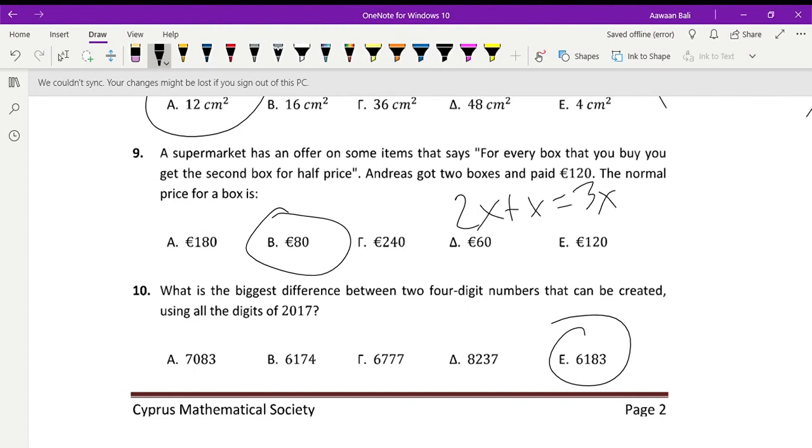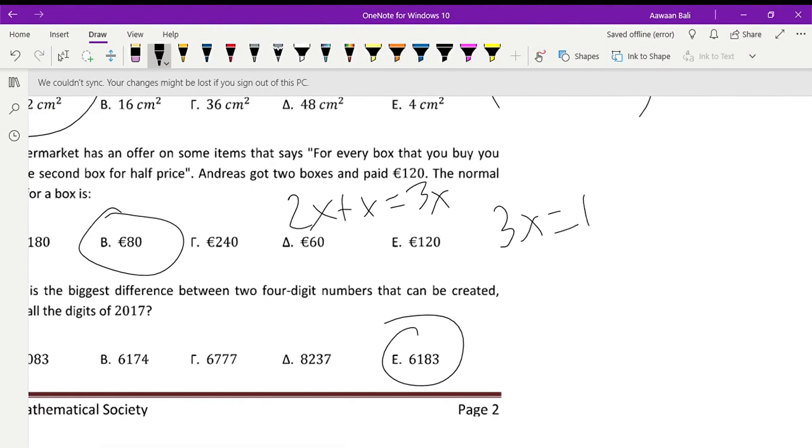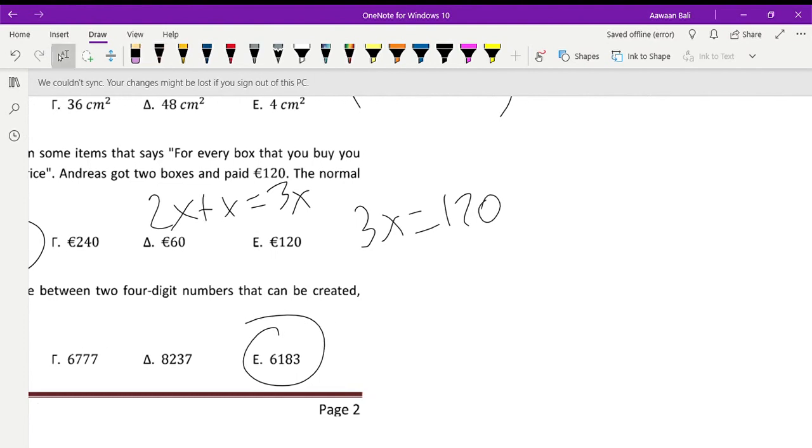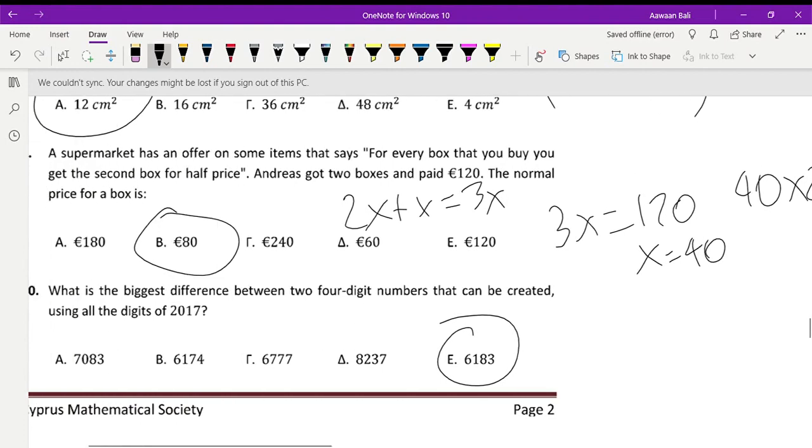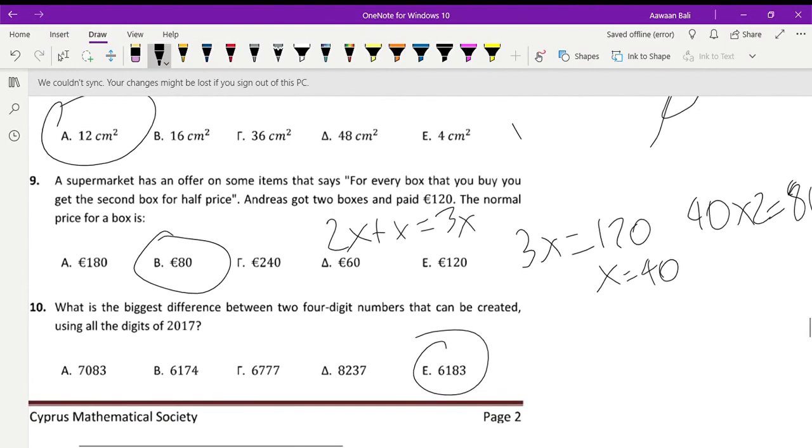We all know that. So we have 3x is equal to 120, and then we divide both sides by 3, x is 40. Now we can do 40 times 2 to find the original price, and that's €80. So we know that the answer is Vita. And I recommend this method better.